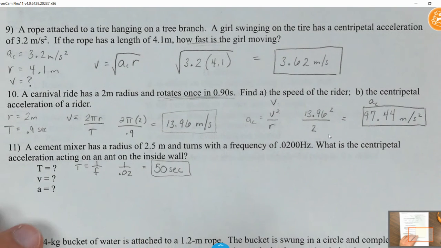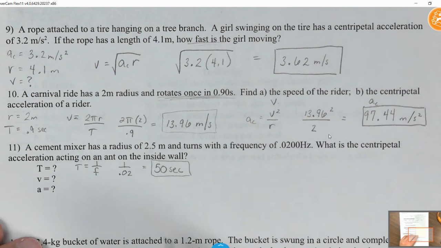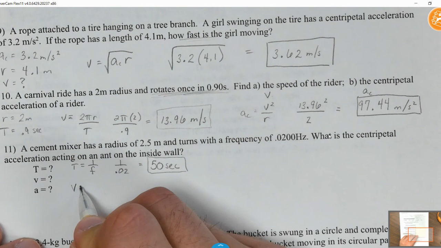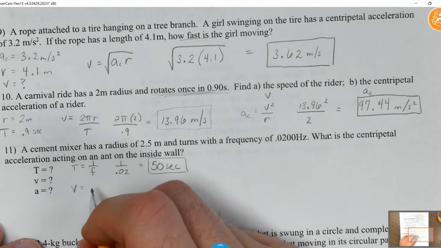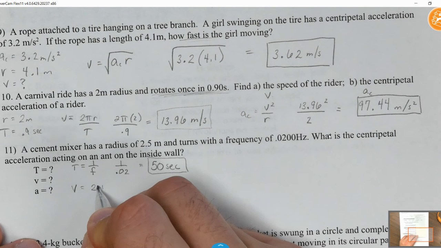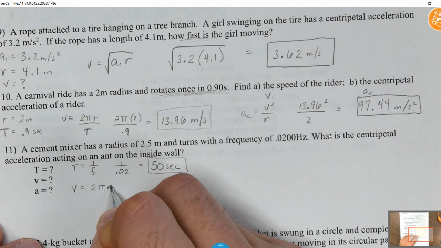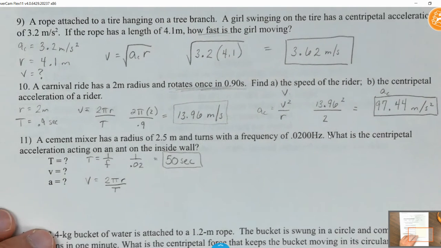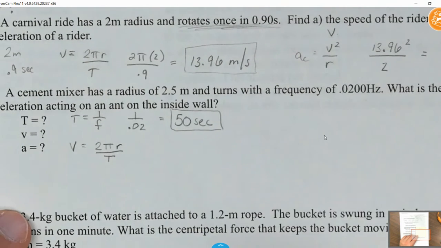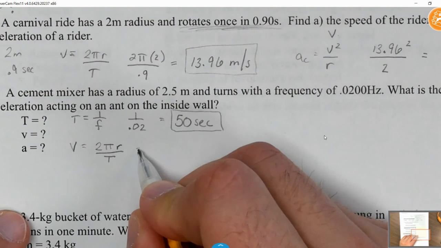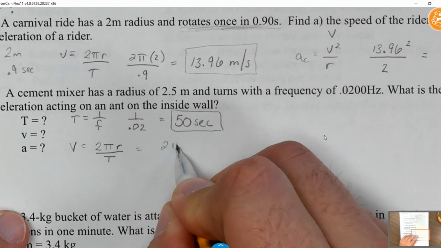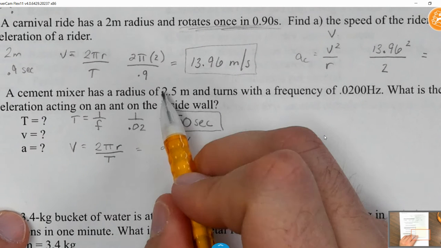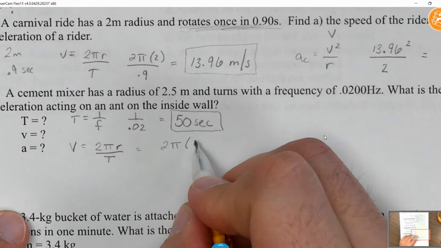So that's the first thing. Then I asked you to solve for velocity. And that is 2 pi r over t. So we're doing 2 pi times, what was our radius? 2.5.